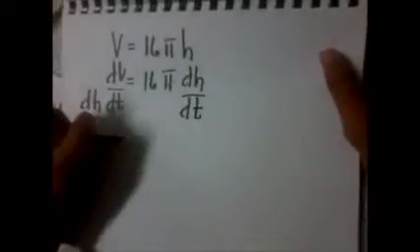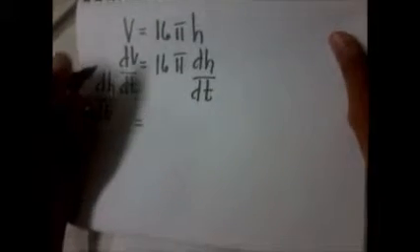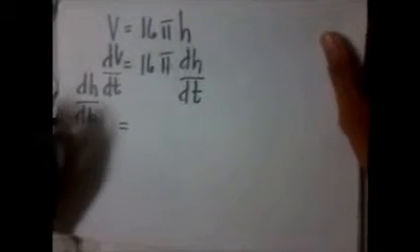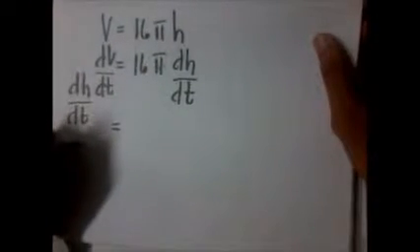Okay. Our dV/dt with respect to time is 16 π our dh/dt. We all know that our dV/dt is equivalent to 24 feet cubed per minute.